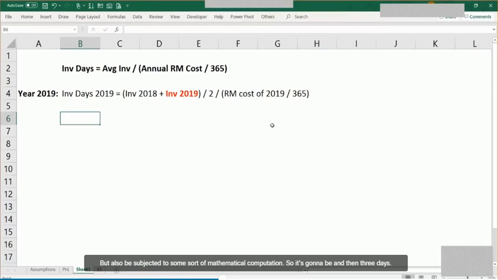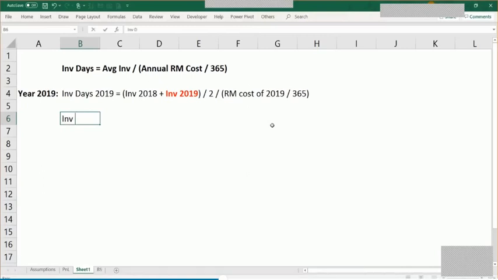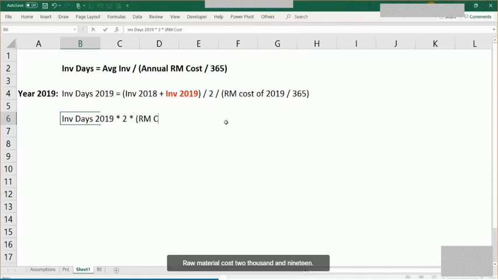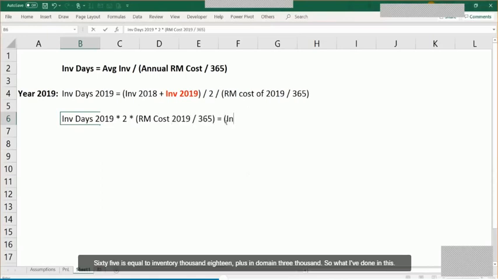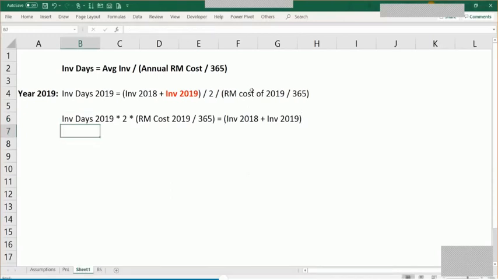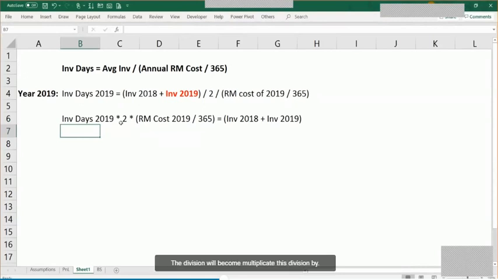So it's going to be inventory days 2019, multiplied by 2, multiplied by raw material cost 2019 divided by 365, is equal to inventory 2018 plus inventory 2019. So what I've done in this step, if you notice, is that this division by 2 will come to the numerator, so division will become multiplication. This division by raw material cost per day will come as a multiplication by raw material cost per day.